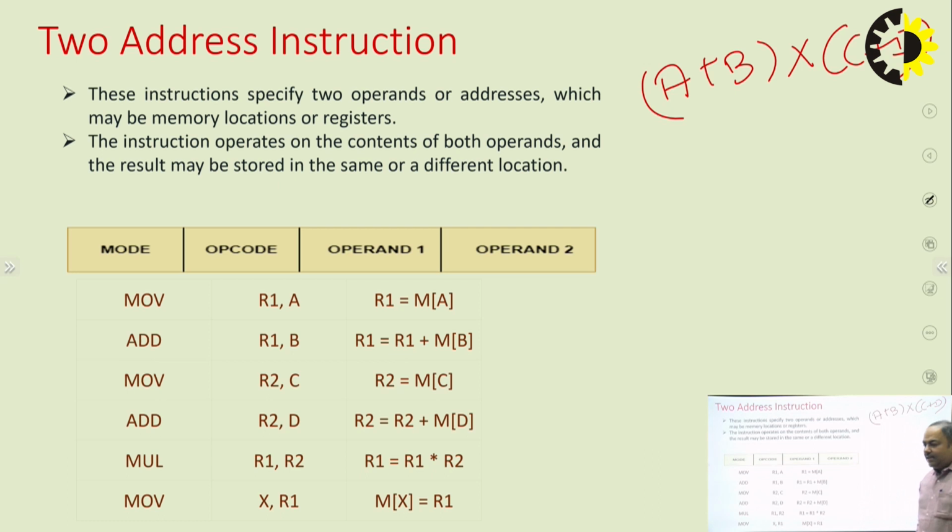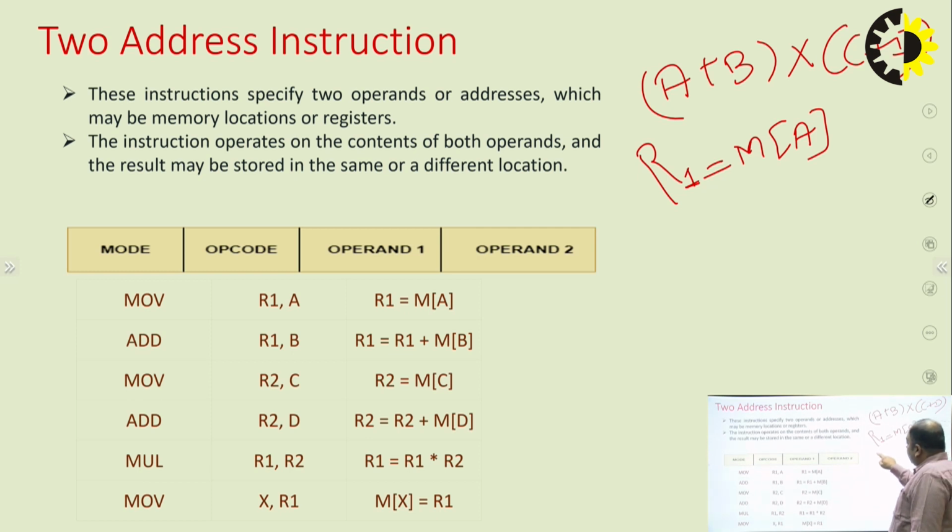What are we doing in this? First we allocate R1 to the memory address of A, and at the same point we do a move instruction, which means we are using a transfer instruction.